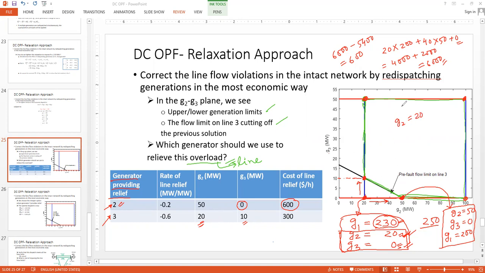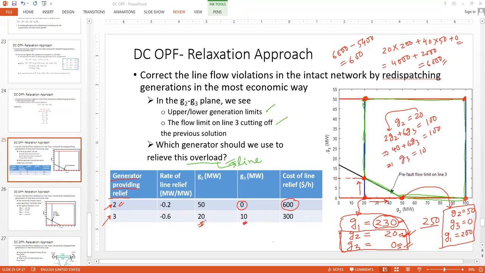It is 2G2 plus 6G3 equals 100. We are looking for the intersection and the value of G3 here. So we put 20 over here: 40 plus 6G3 equals 100. And if you solve this, you will get G3 equals 10.